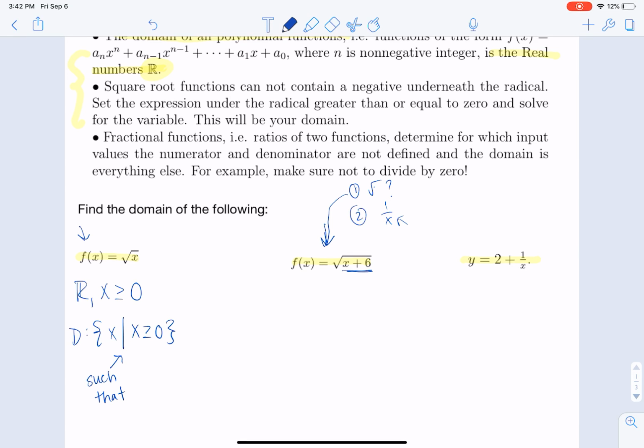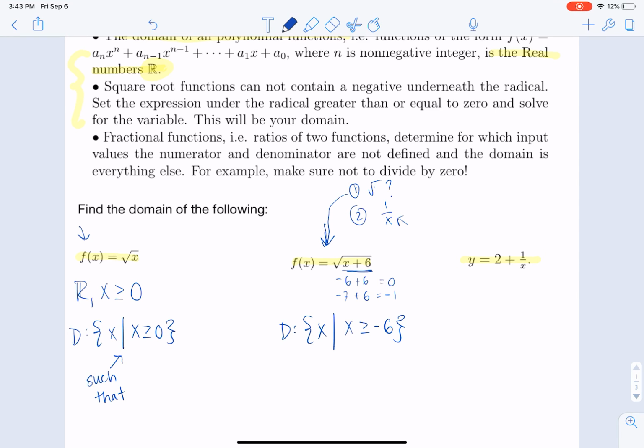If I plug in -6, that's going to give me 0. If I plug in -7, that is when I start getting into the negative values. So here, my domain will be x values such that x is greater than or equal to -6. I can't plug in anything less than -6.